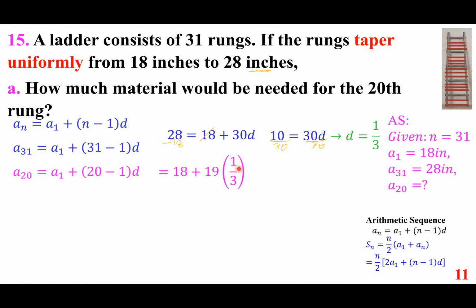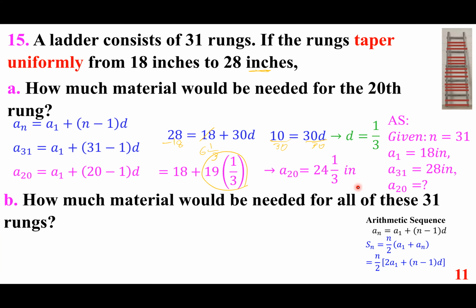So this makes it 19/3, or 6 1/3. 6 and 18 gives you 24, 24 and 1/3. Units are extremely important. If they are given, we must give them back with the proper units. 24 and 1/3 of an inch.